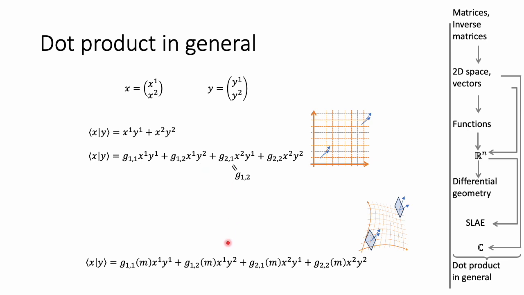And finally, to make things yet more convoluted, we allow the g's to depend on the points in the space in which the vectors are actually evaluated. Assume that both vectors x and y are not just fixed vectors, but they are vector fields, and they are evaluated at the same point m. Then, in order to compute their dot product at the given point m, we use the matrix G evaluated at the point m.